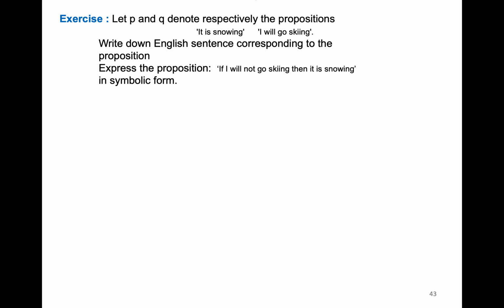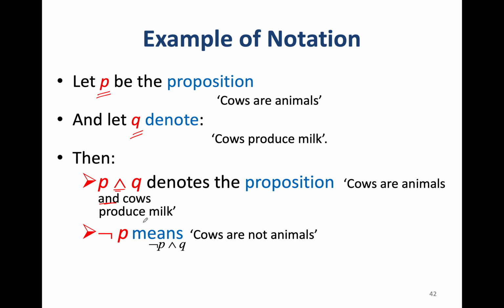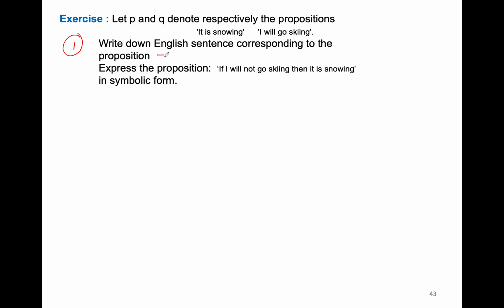Now let's see this example here. Let P and Q denote respectively the propositions: it is snowing, I will go skiing. First thing we want to do is write the English sentence corresponding to the proposition, which is this one: not P and Q. Then we need to express the English statements as propositions and write them in symbolic form.